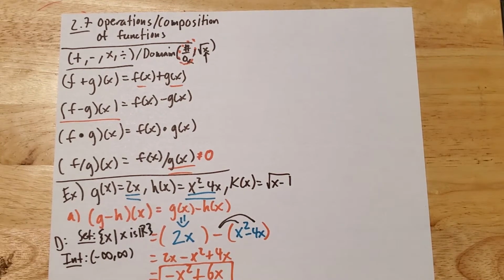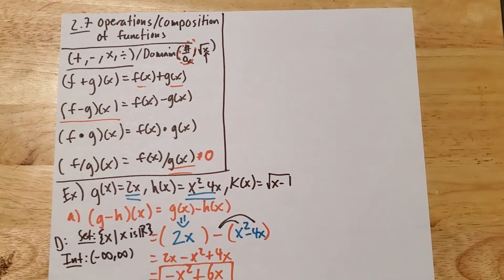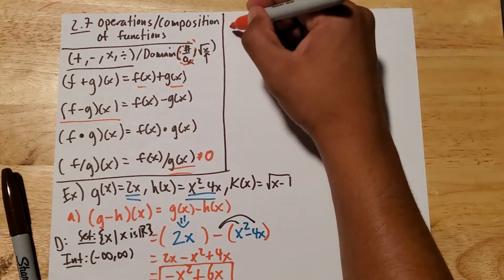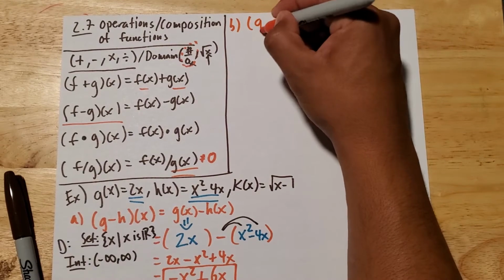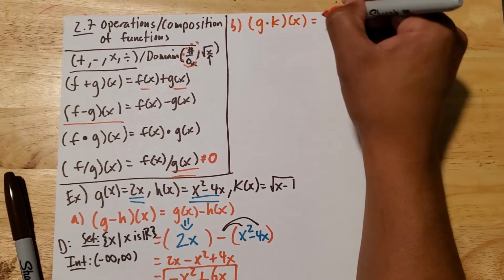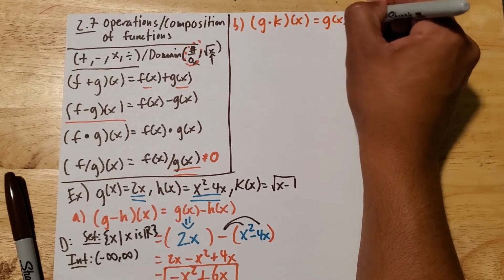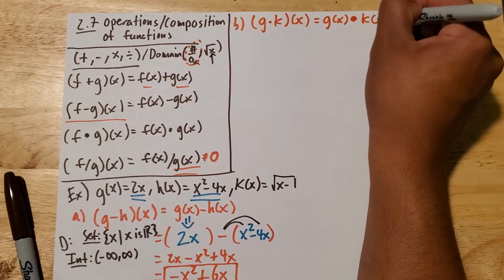So let's try another example. Maybe this next example will put a little more thought into what we do. So now let's say we're going to multiply g times k of x. Which just means I'm going to take g of x and multiply it with k of x.